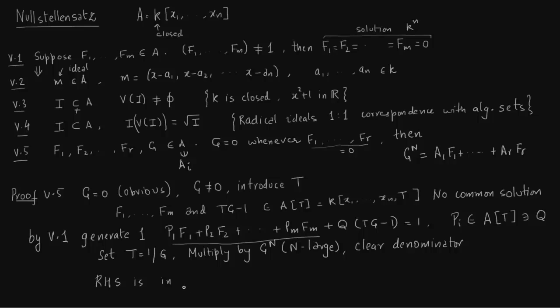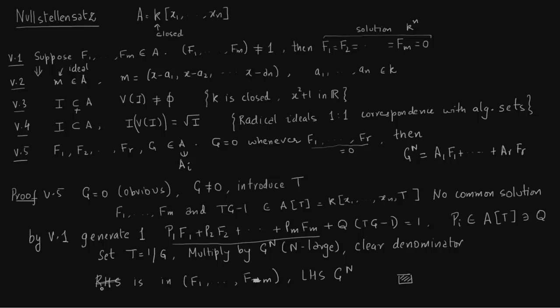So the left hand side, which I have underlined, is now generated by f1 to fm. So P1 f1 plus P2 f2 all the way to Pm fm is nothing but the ideal generated by f1 to fm, and the right hand side is g^n.